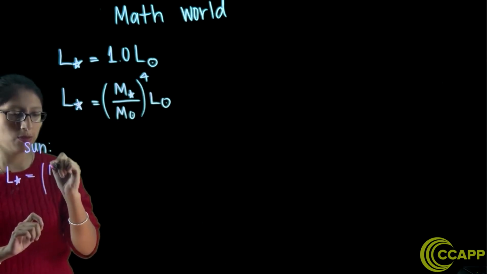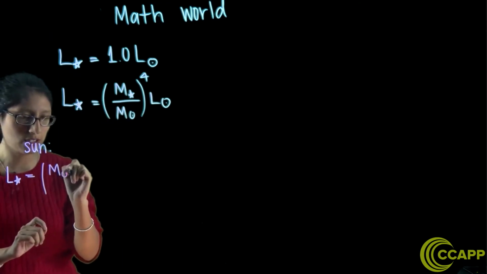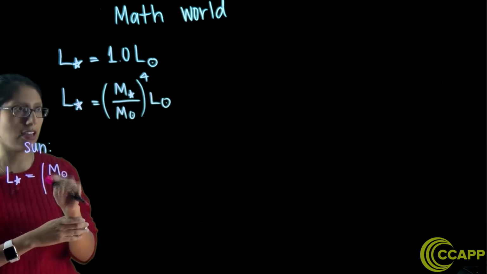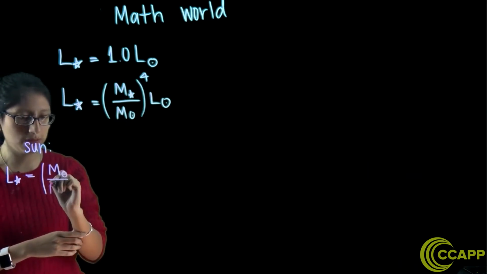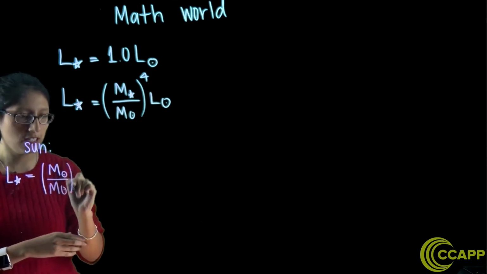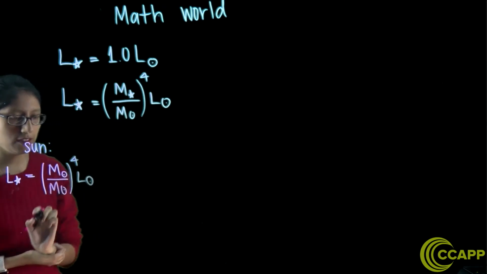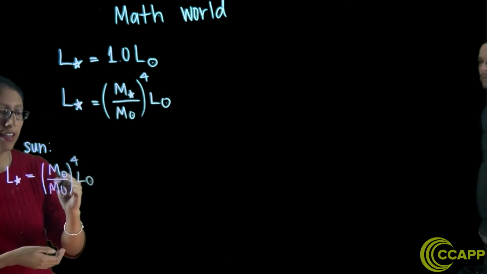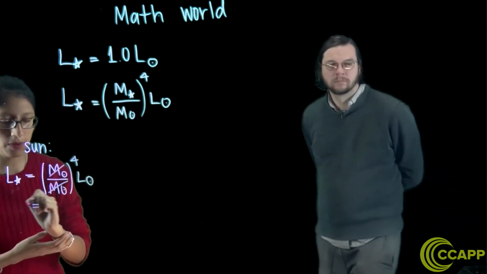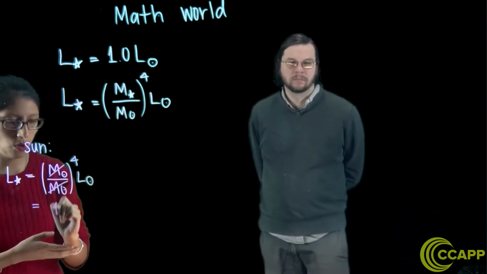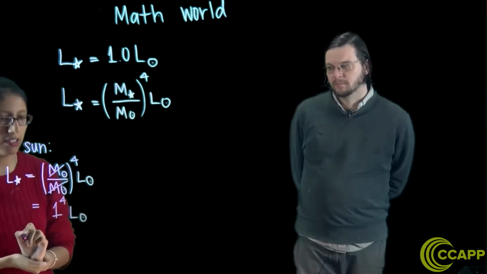The luminosity of the star times the mass of the star, which is equal to the mass of the sun, divided by the mass of the sun, to the 4th power, times the luminosity of the sun. We can see that they cancel out, so we end up with 1 to the 4th power times the luminosity of the sun.